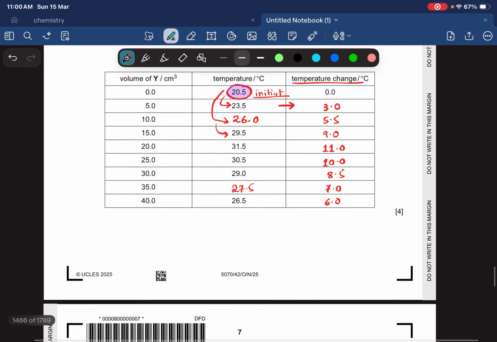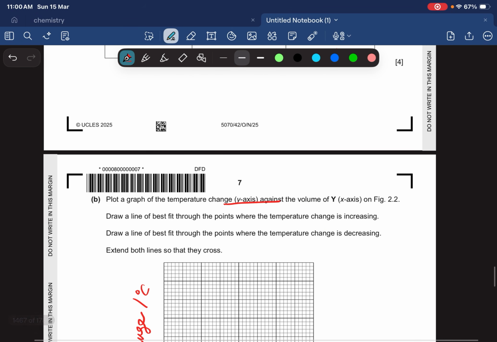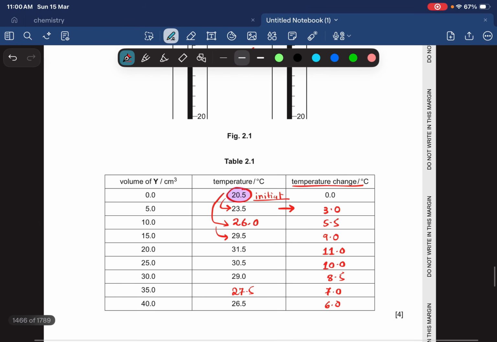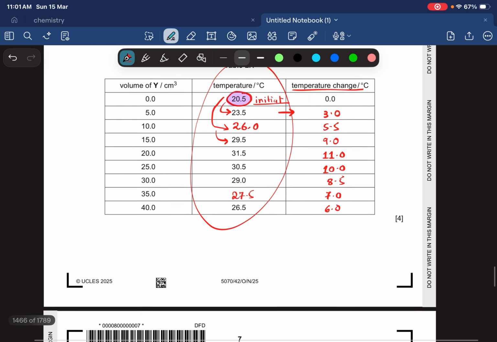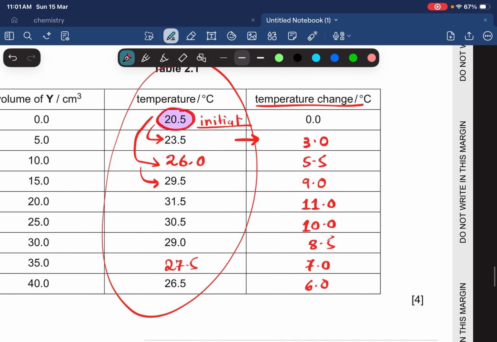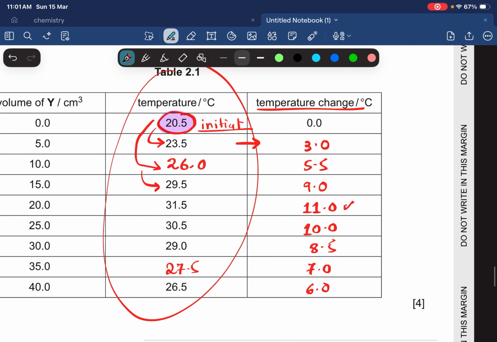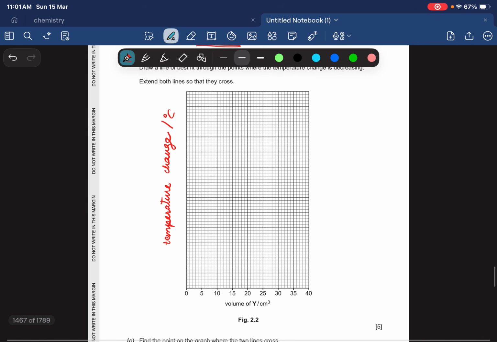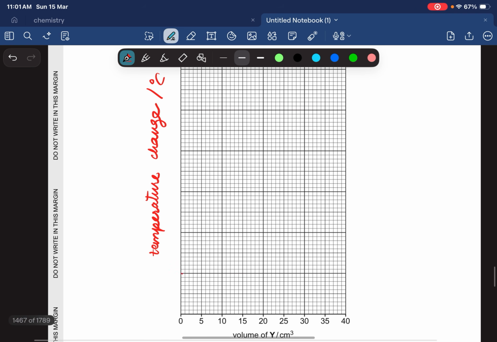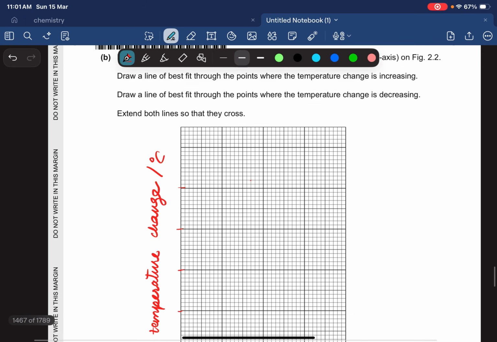And now we have to choose a scale for the temperature change. If someone plots the temperature, they are gone. Okay, they have messed up. You have to plot the temperature change. So our highest value is coming out to be 11 and our lowest value is 0. So we have to start from, I guess, 0, 1, 2, 3, 4, 5, 6.